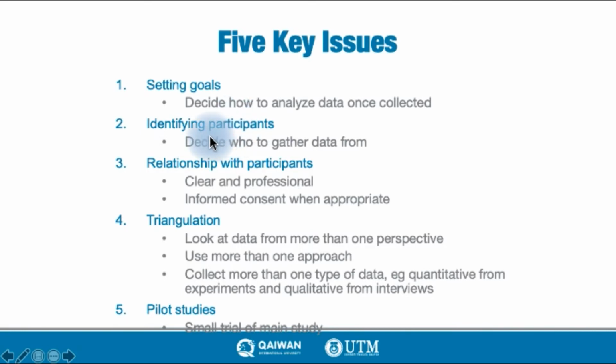And then the second one is identify the participants. So when we go to collect data, we should know who our respondent is for this kind of product. And number three is the relationship with the participants.